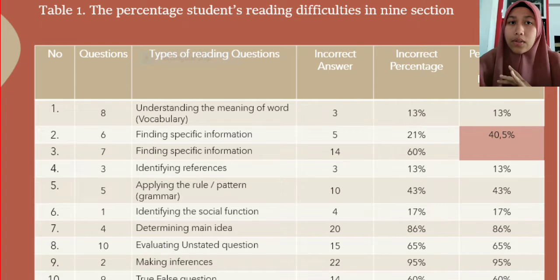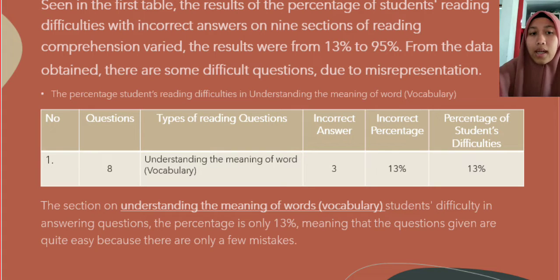The result of the presentation of student reading difficulties can be seen in table 1. This is the result of the percentage of student reading difficulties in 9 sections. Seen in the first table, the percentage of student reading difficulties with incorrect answers in 9 sections of reading comprehension varied. The results were from 13% to 50%.